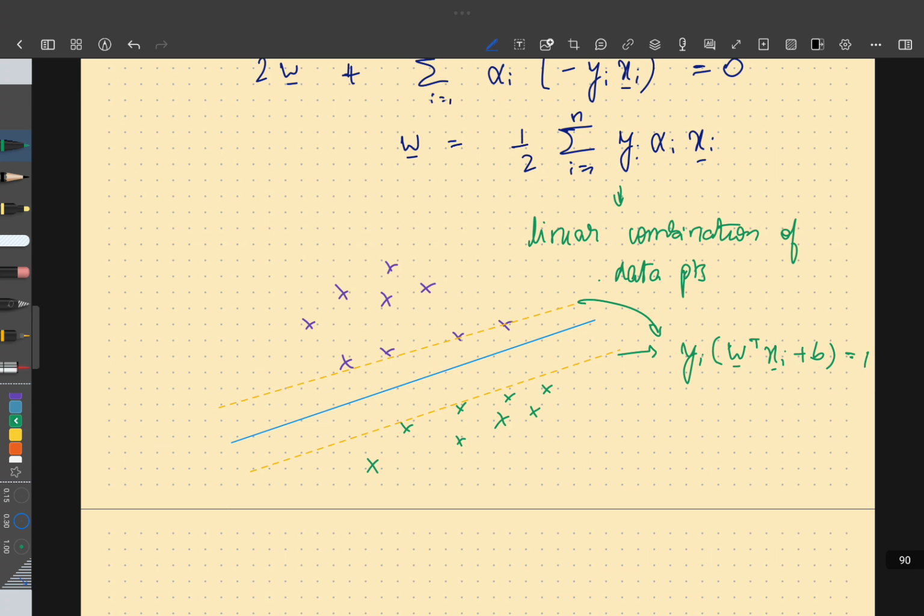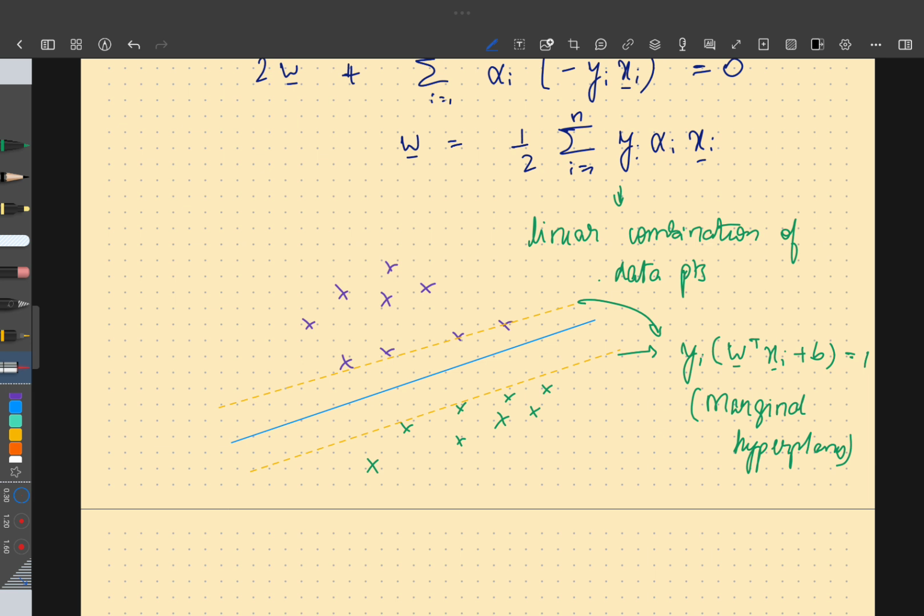So it means that the W that defines the classifier is just a linear combination of those points that lie on these marginal hyperplanes.